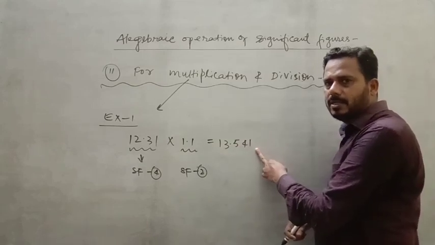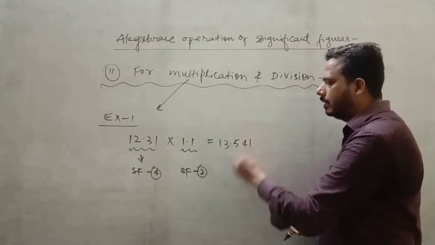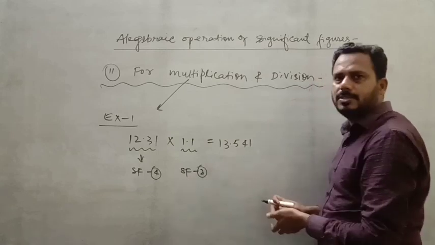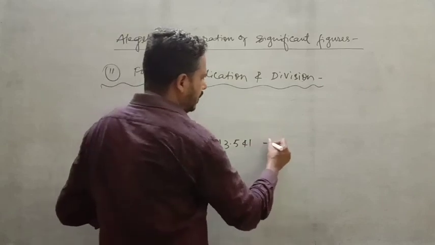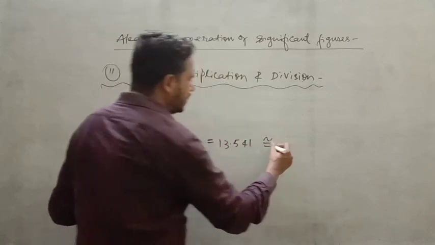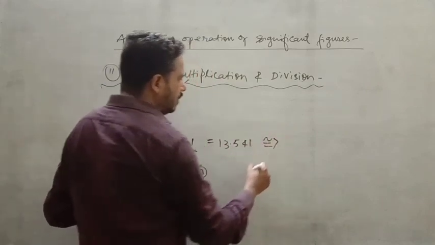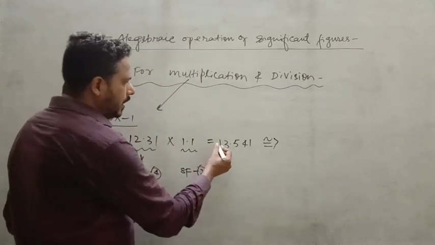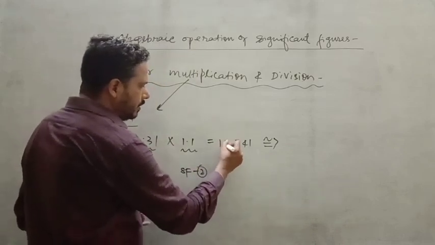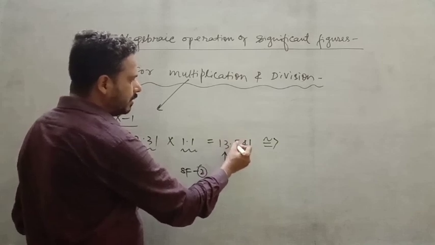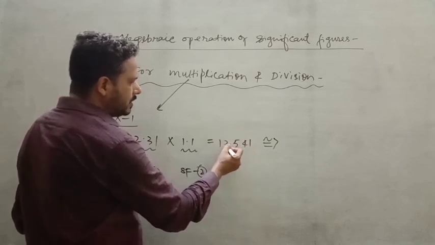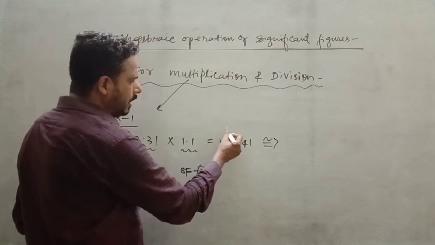So you have to round off up to 2 significant digits. Alright. Then after rounding off, how much will be there? You have to come up to here. So that would be 13 point, the next number is 5, because this one is odd, so automatically it will be increased by 1.